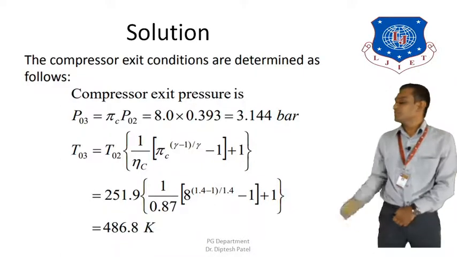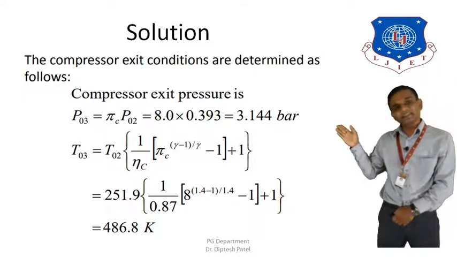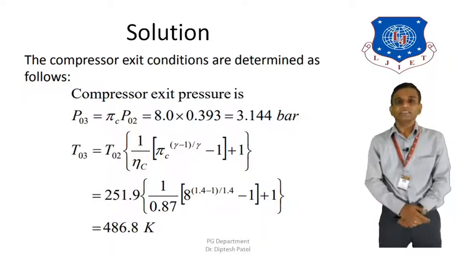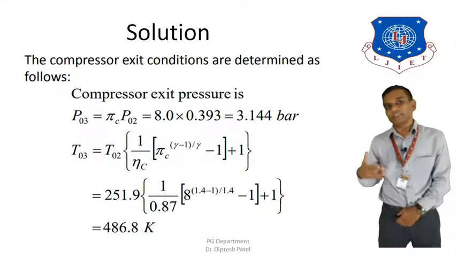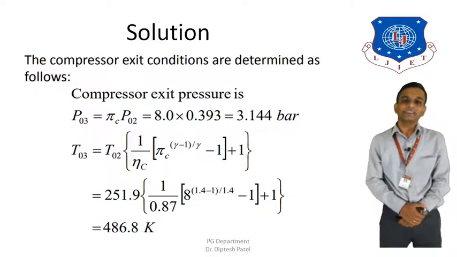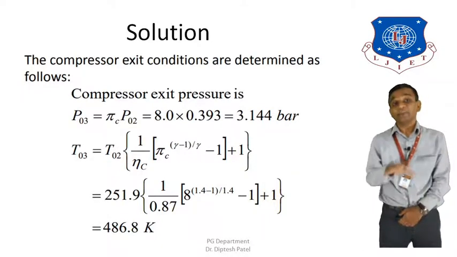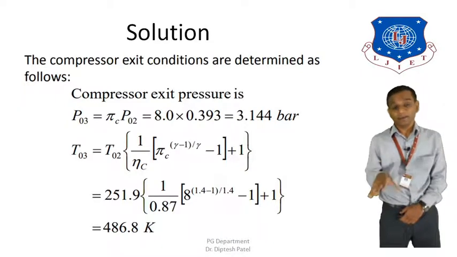Here we need to put the values in that equation. T02 is 251.9, inside the bracket 1 upon 0.87, inside the bracket 8 raised to (1.4 minus 1) divided by 1.4, minus 1, plus 1. After going through the calculations I should get TO3 equal to 486.8 Kelvin. So that is the temperature at the outlet of the compressor.